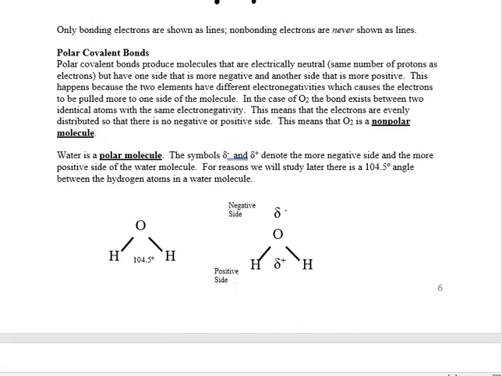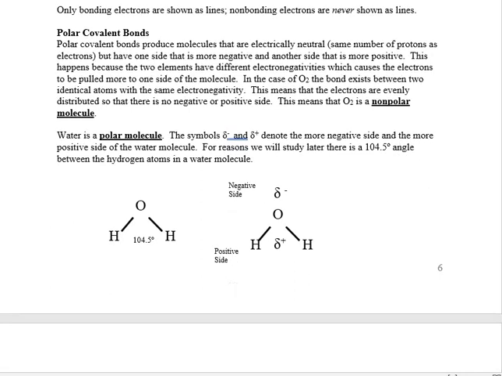Okay, polar covalent bonds. Polar covalent bonds produce molecules that are electrically neutral, the same number of protons as electrons, but have one side that is more negative and another side that is more positive. This happens because the two elements have different electronegativities, which causes the electrons to be pulled more to one side of the molecule.